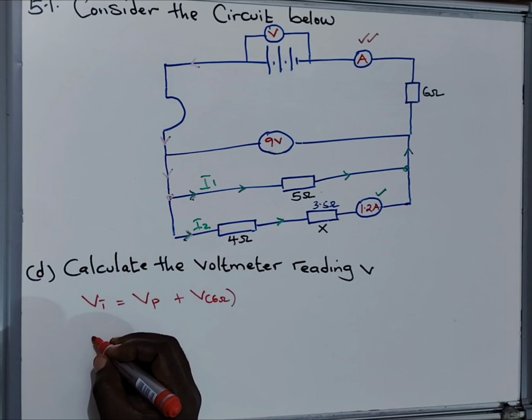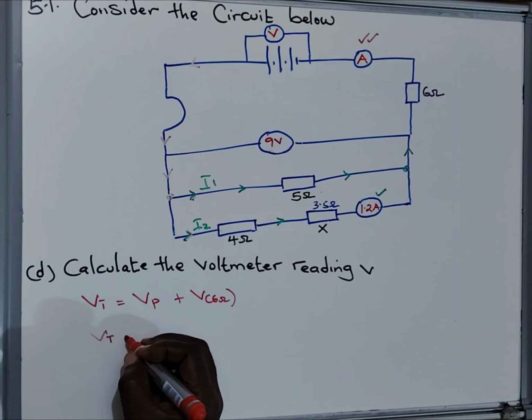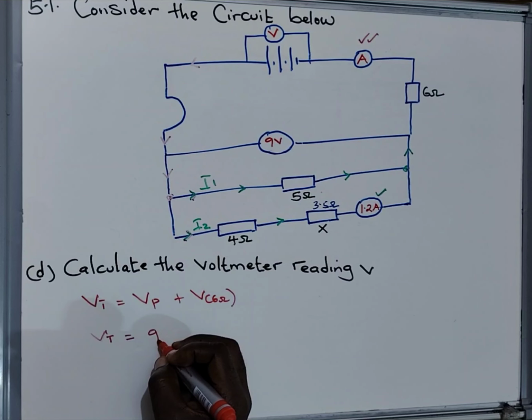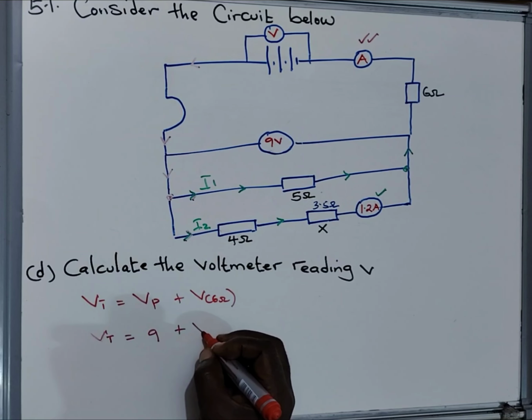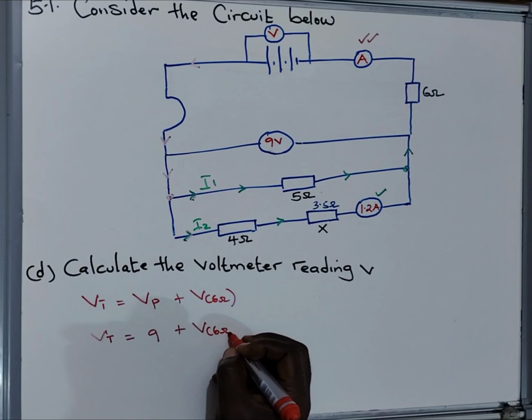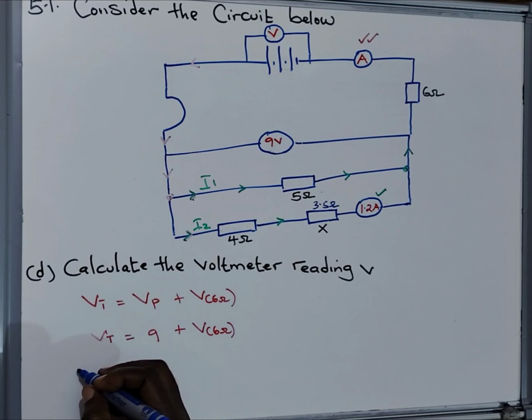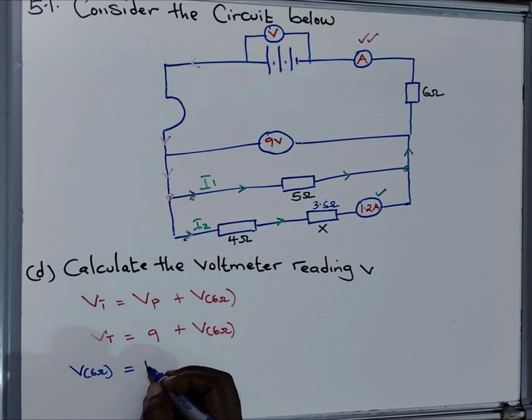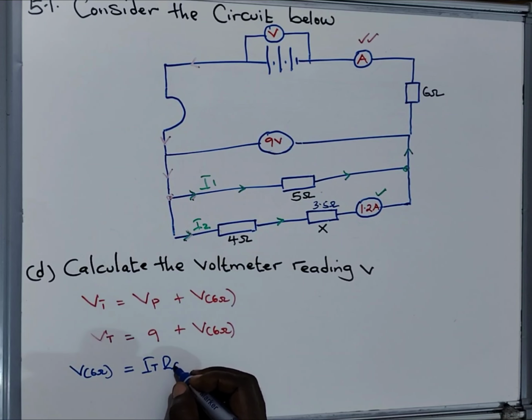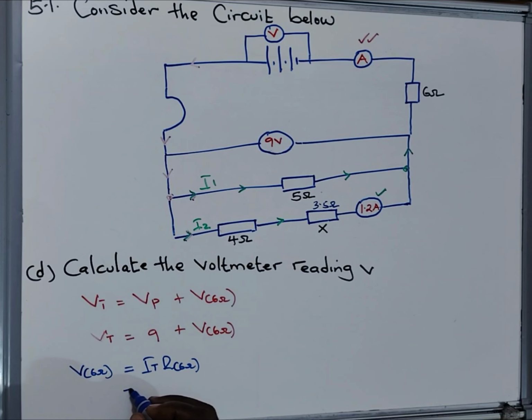So if that's what we are going to use, we can say VT is equal to 9 plus V across 6 ohm. But now you need to know that every V is IR. So V across 6 ohm is going to be I total times R, 6 ohm. When you come to substituting, what is I total?